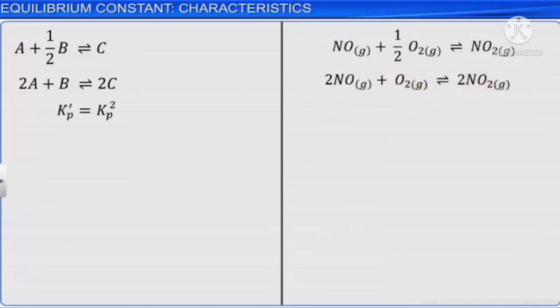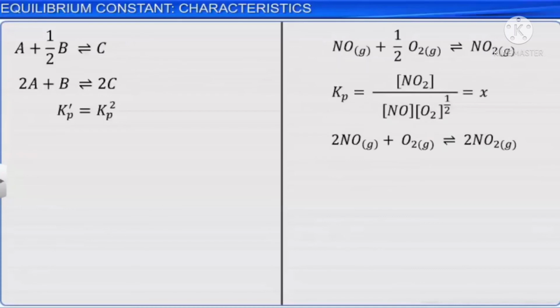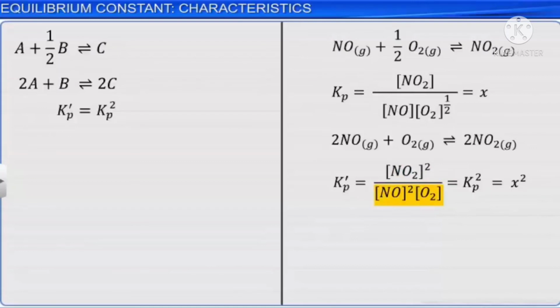The equilibrium constant for the reaction of 1 mole of gaseous nitric oxide and half a mole of gaseous oxygen combining reversibly to form 1 mole of gaseous nitrogen dioxide may be written as Kp is equal to concentration of nitrogen dioxide divided by the product of the concentrations of nitric oxide and oxygen raised to the power of half, is equal to, say, X. The equilibrium constant for the reaction of 2 moles of gaseous nitric oxide and 1 mole of gaseous oxygen combining reversibly to form 2 moles of gaseous nitrogen dioxide may be written as Kp' is equal to concentration of nitrogen dioxide raised to the power of 2 divided by the product of the concentrations of nitric oxide raised to the power of 2 and concentration of oxygen, is equal to Kp square, which is equal to X square.